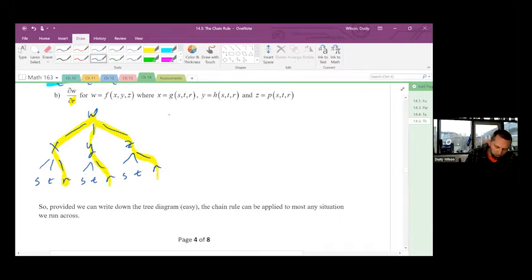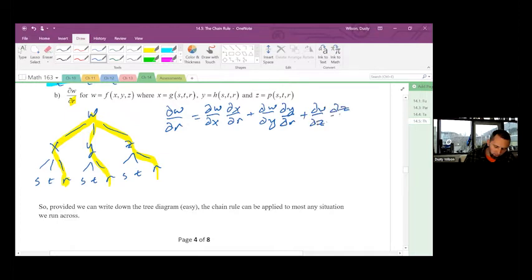So the partial of w with respect to r will be the partial of w with respect to x times the partial of x with respect to r, plus the partial of w with respect to y times the partial of y with respect to r, plus the partial of w with respect to z times the partial of z with respect to r.